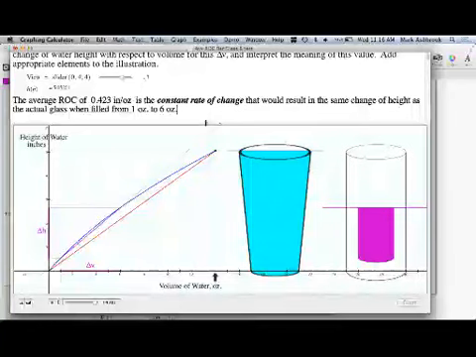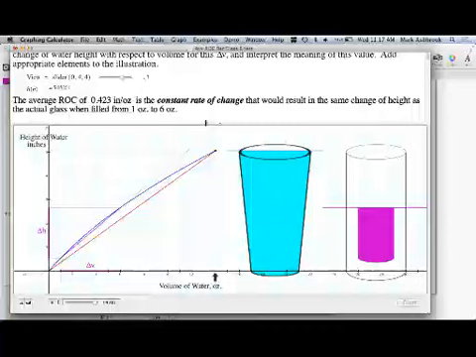Marco, can you do it? Anybody? So for any function with some input and output, we've got a specified interval of input. What's the average rate of change over that specified interval of input? See if you can talk it out. It's the same thing again. Now we're totally general.